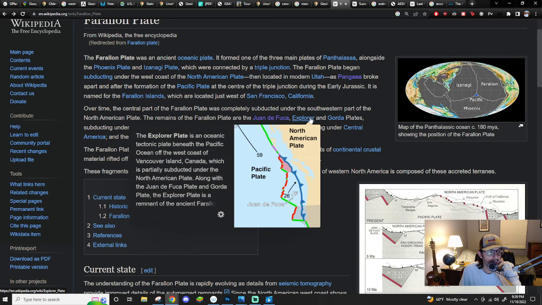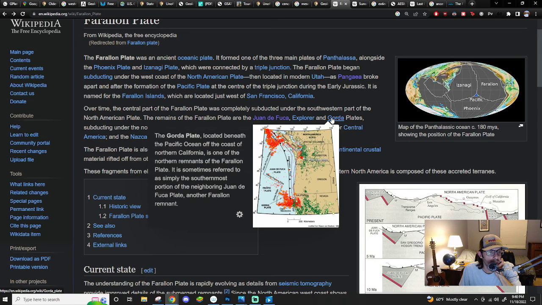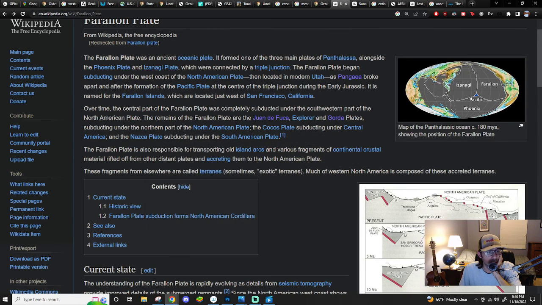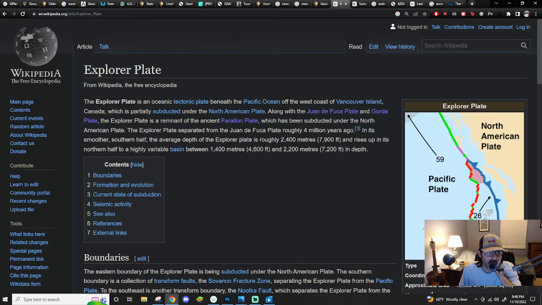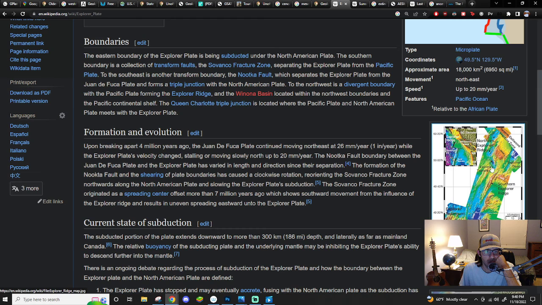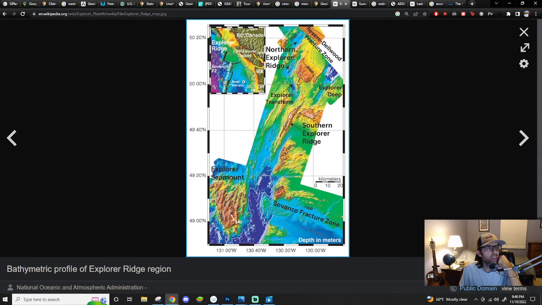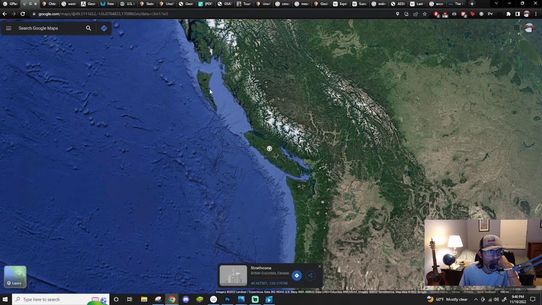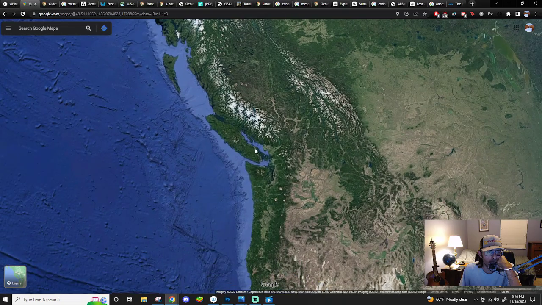Okay, wand. Oh, so all these plates. Where's the Gorda plate then? Down here, Juan de Fuca plate. Okay. And then the Explorer plate is where? Maybe that. Vancouver Island. That's not Vancouver, right? No, this is Vancouver.